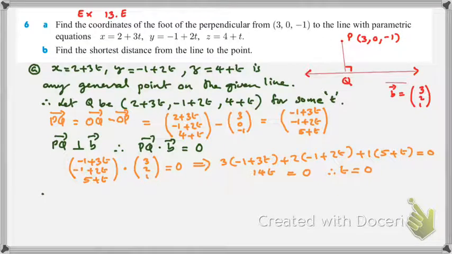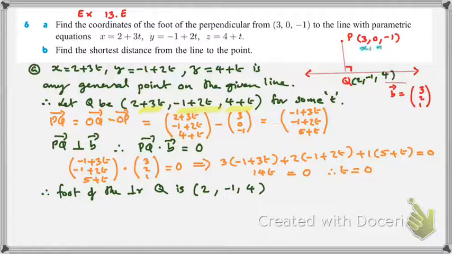So 14t is 0, therefore t is equal to 0. Now we can find the foot of the perpendicular Q. I go to the point Q and replace t by 0. So I get 2 + 0, -1 + 0 and 4 + 0. So (2, -1, 4) is the foot of the perpendicular.